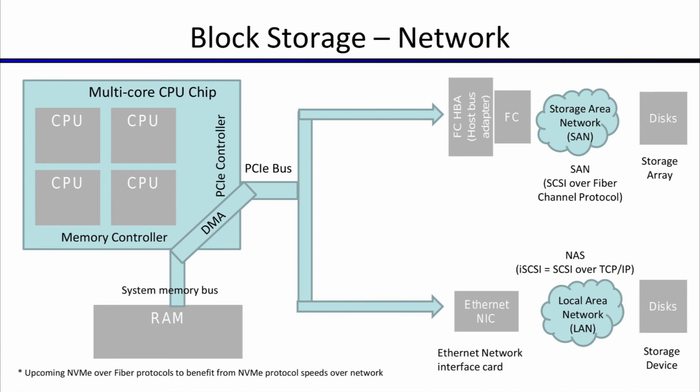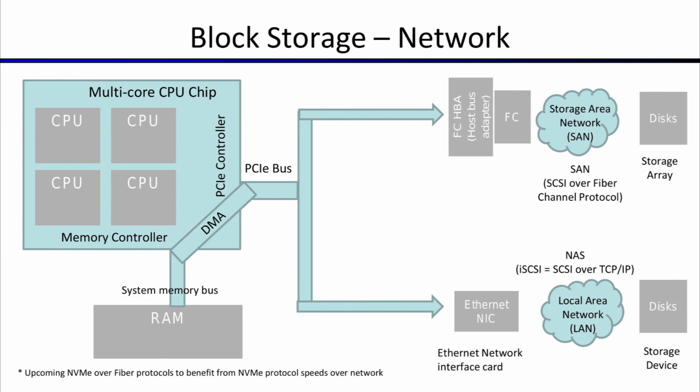So if you want to use storage over the network, there is the protocol SCSI over network. There is a Fibre Channel protocol, and Fibre Channel is a networking protocol that is available, and storage area networks are actually built with SCSI running over the Fibre Channel protocol.